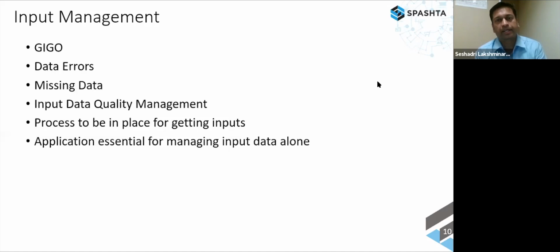A lot of planners' time actually should go into making sure there are processes in place so that input data is managed effectively.